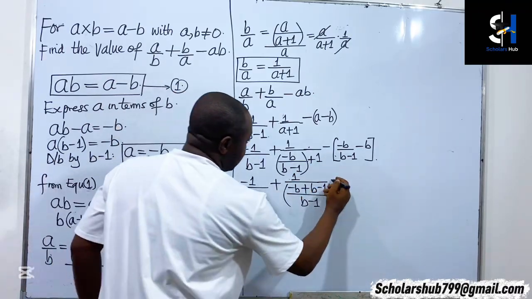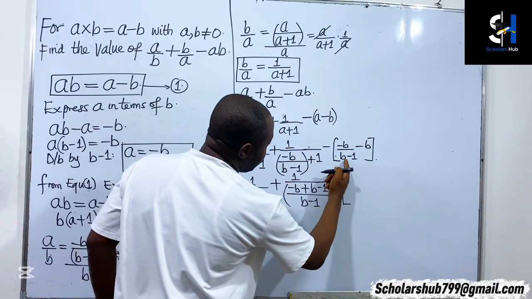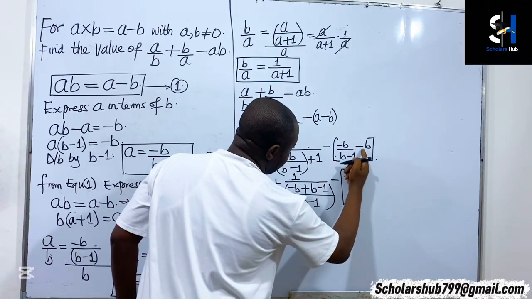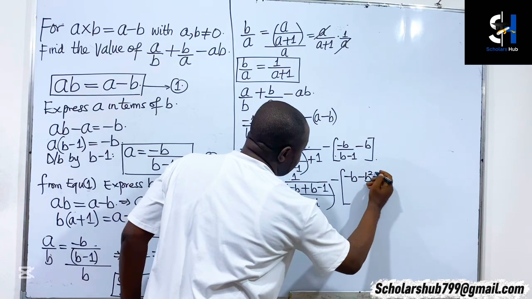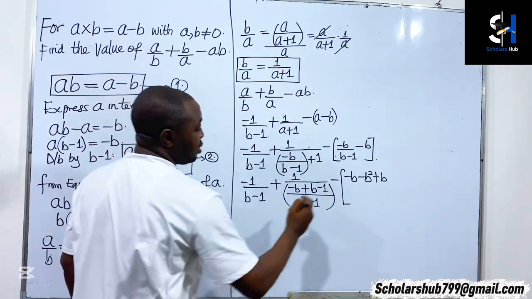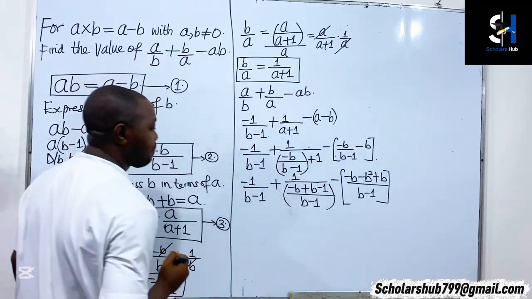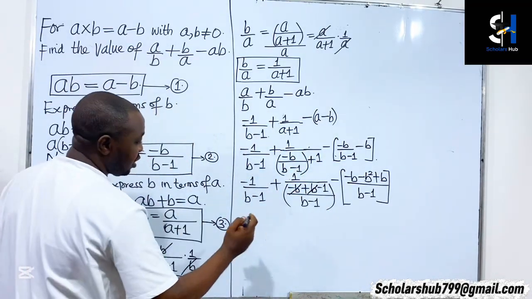Then minus, we can also simplify this to be b minus 1 multiplied by b, that will multiply by negative b. This will be negative b squared plus b divided by b minus 1. So that this will be minus b plus b, that will be 0.